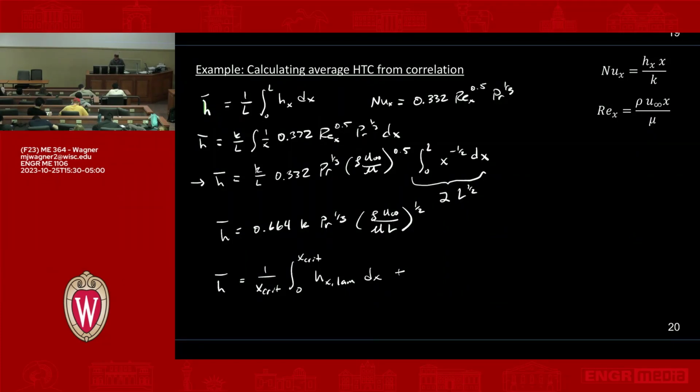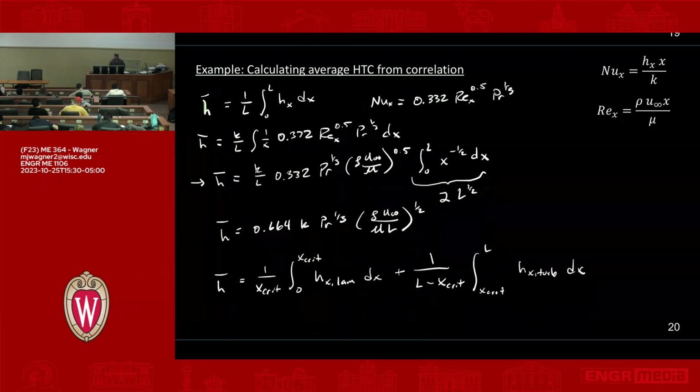So that is plus 1 over L, where L is where we want to end up, times L minus x critical. We're only integrating the part that remains, from x critical to L of hx turbulent dx. So you would obviously take the functions for hx laminar and hx turbulent, plug those in, and do the integral yourself. But this is how you would generally approach developing these.